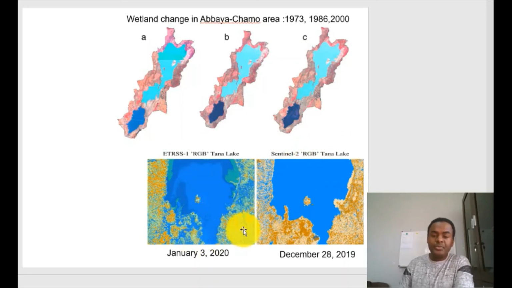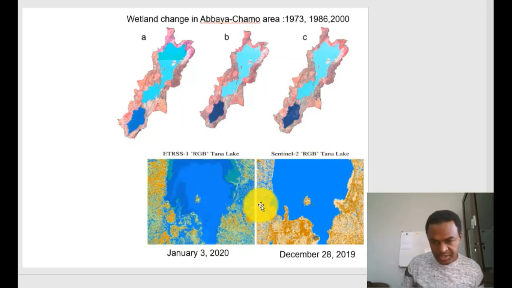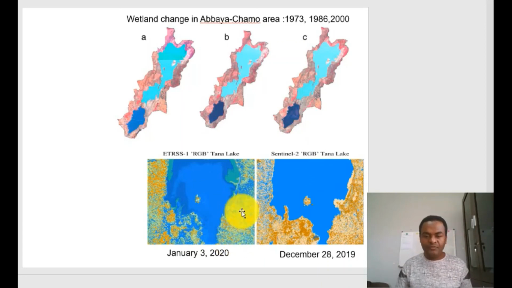It shows you the extent of the wetland in the Fogera area, and also the extent of the umboch, the algae or aquatic plant that is very invasive in Lake Tana.